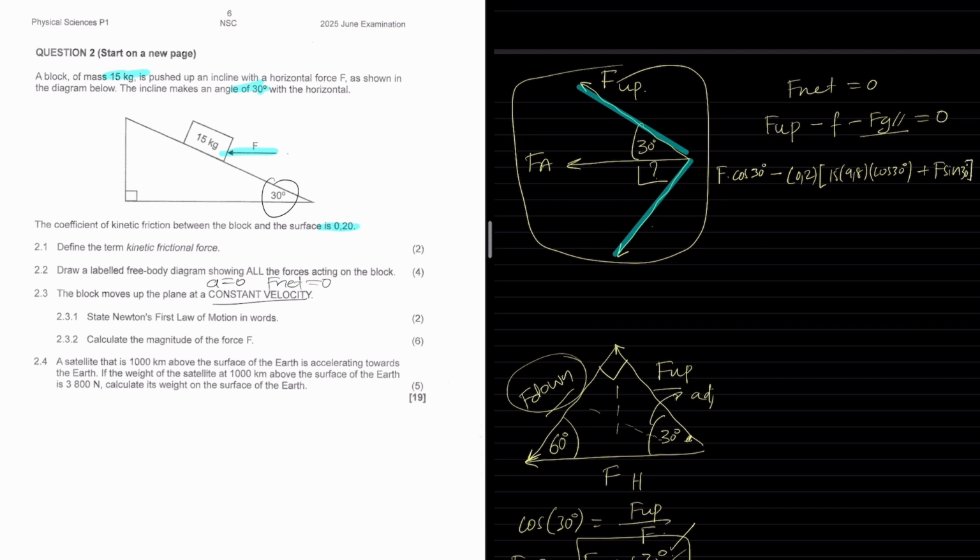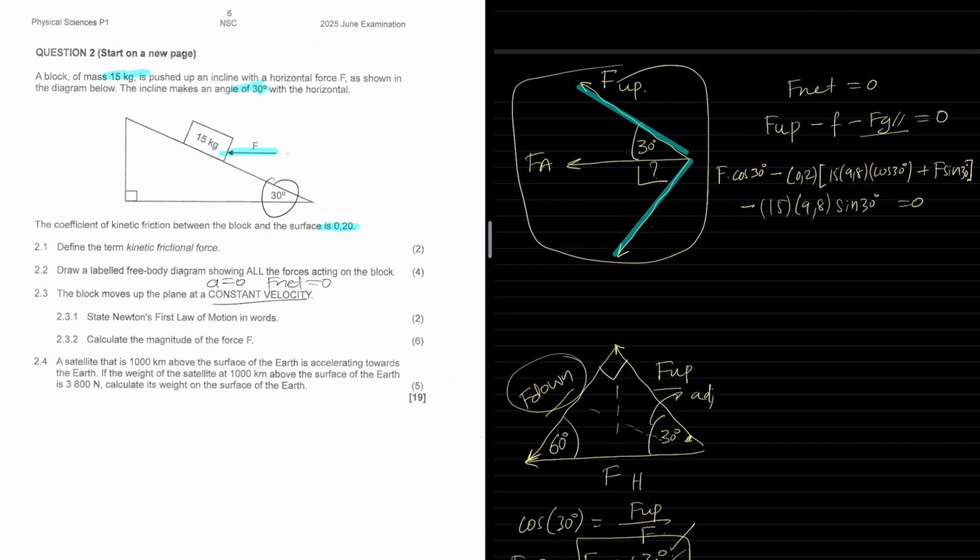And we'll continue in the line below, and we're going to minus from this Fg parallel, which is mg sine theta. So 15 times 9,8 times sine 30 degrees. And that's equal to 0.